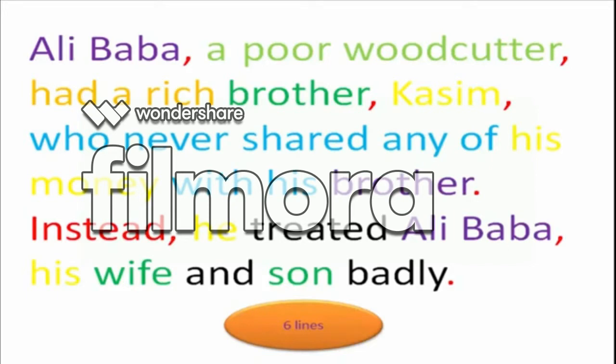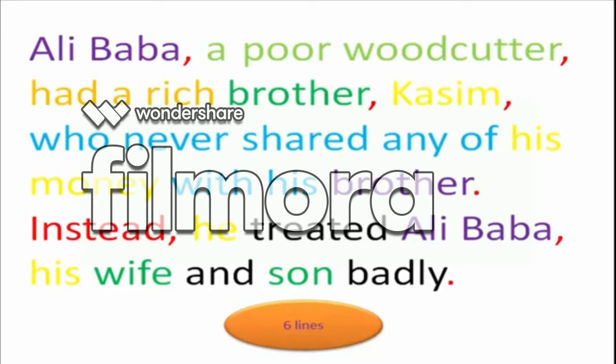The story is built in the past. هذه القصة مبنية في زمن الماضي. He treated كان يعامل علي بابا it means his brother أخوه, his wife وزوجة أخيه and son وابن أخيه badly بشكل سيء. بمعنى أن القاسم لم يكن بخيلا فقط بل كان يعامل كل من علي بابا أخوه وزوجة أخوه وابنه بشكل سيء.